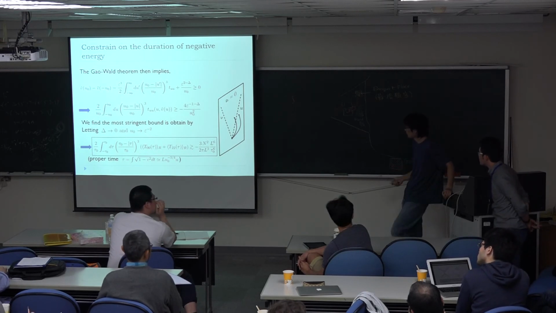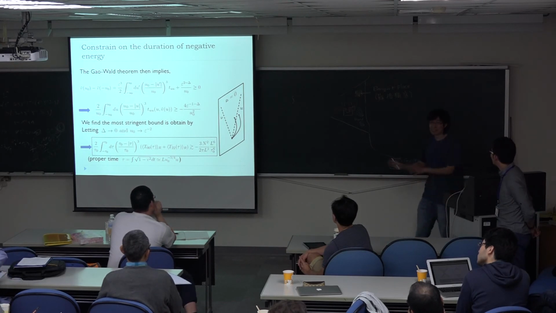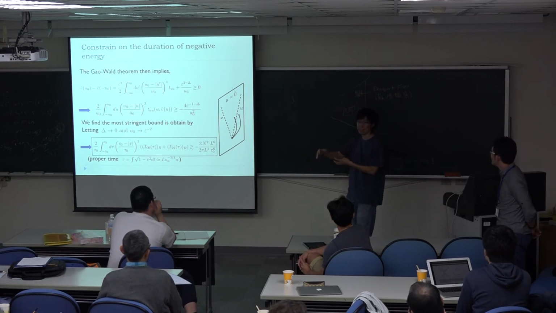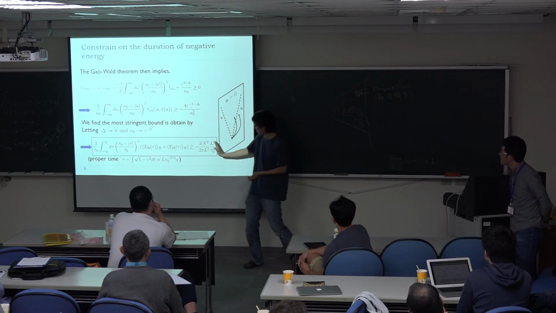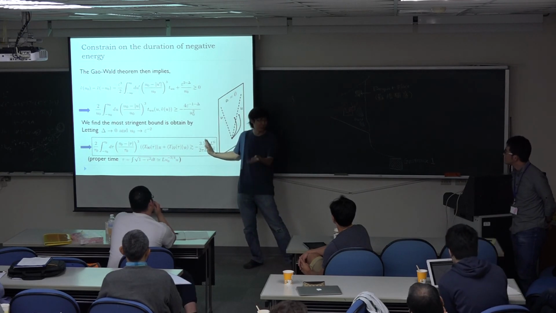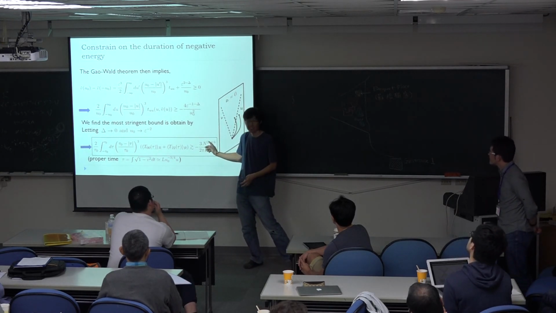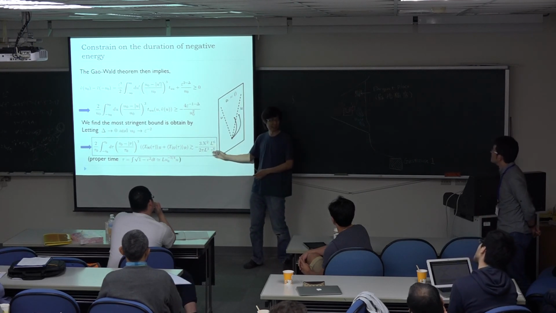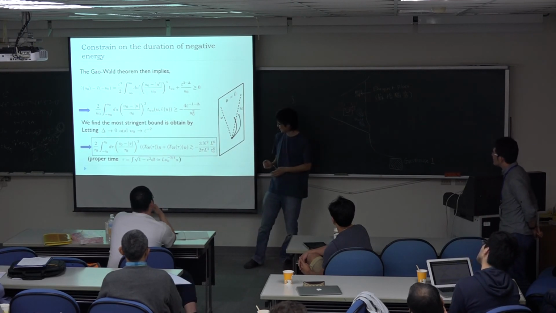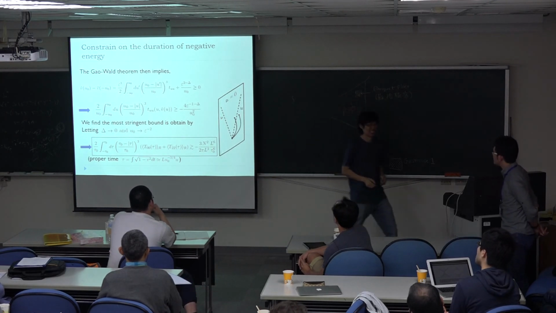If you have more degrees of freedom, certainly you are allowed to get more negative energy. It's also true in free field theory. So if you want to compare with the free field theory, then this factor is the same. You just compare the power with the velocity factor.